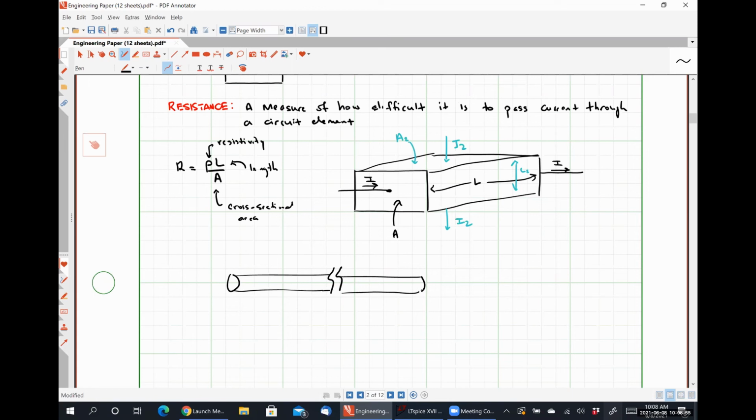Like so. Let's say that it has a length of 10 meters.